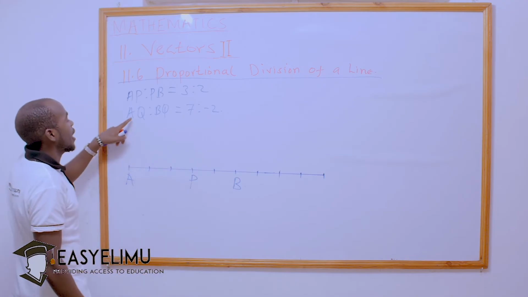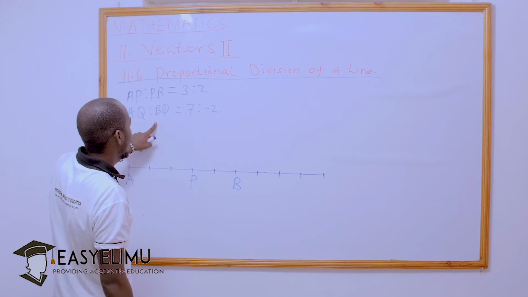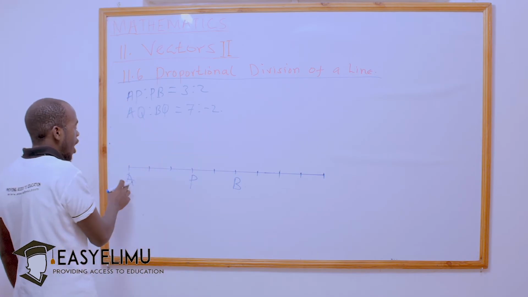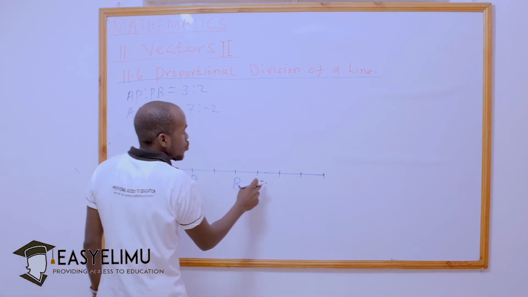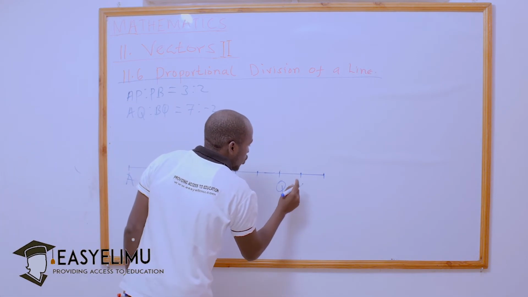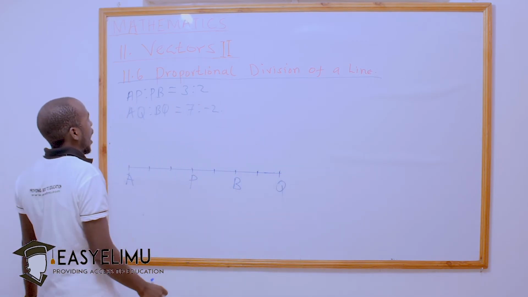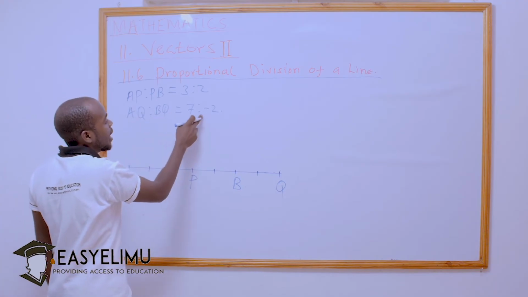We have another one, point Q, which divides line AB in the ratio 7 to negative 2. In that case, AQ is 7 divisions, meaning from A to Q we have 7 divisions, and B to Q will be negative 2.